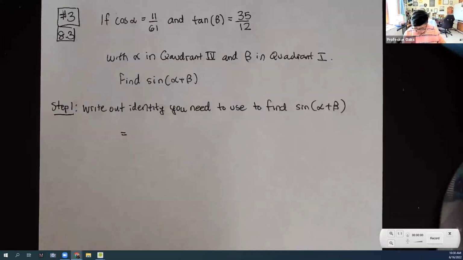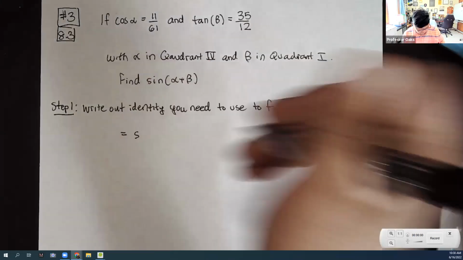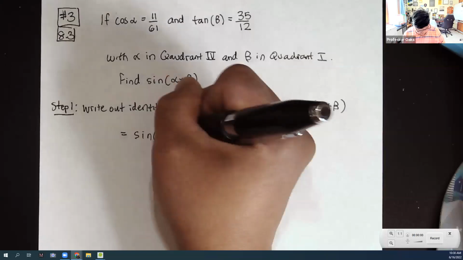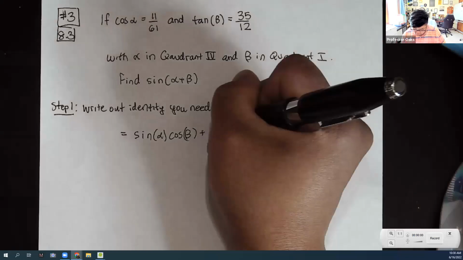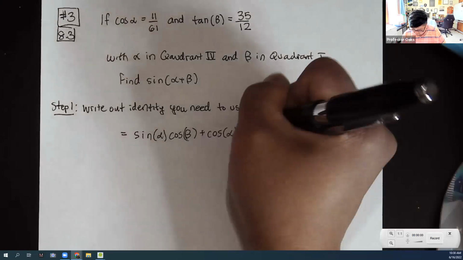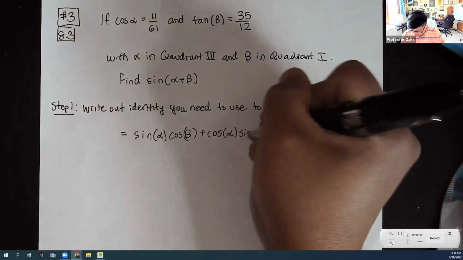So sine alpha cosine beta, and then plus cosine alpha sine beta.